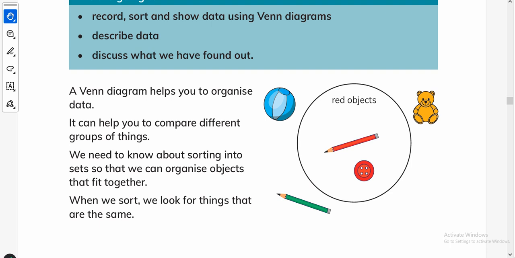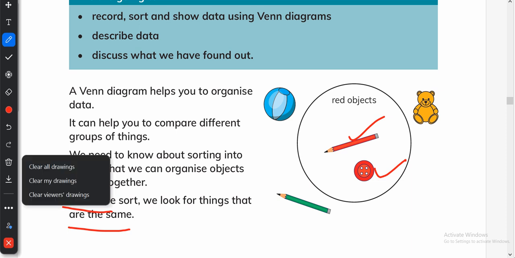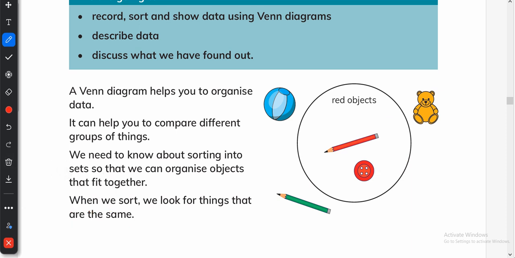Yes, that fit together. See, red pencil and red button, they fit together. They have red color in common. Okay, when we sort, we look for the things that are the same, right? For the same data, you could make a circle for round things.